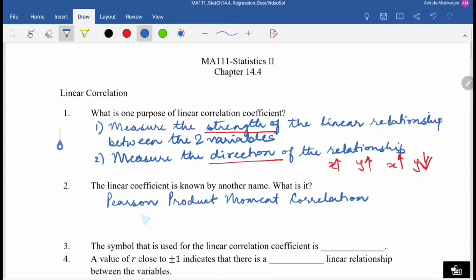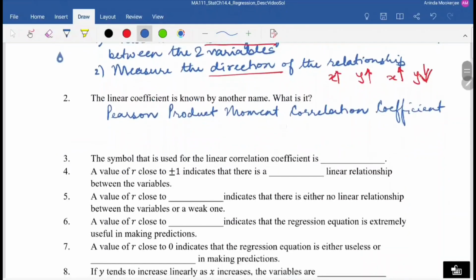I don't know if this is mentioned in the book or not. I don't remember, but this is another name by which people refer to the correlation coefficient, but most of the time it's just referred to as the correlation coefficient.